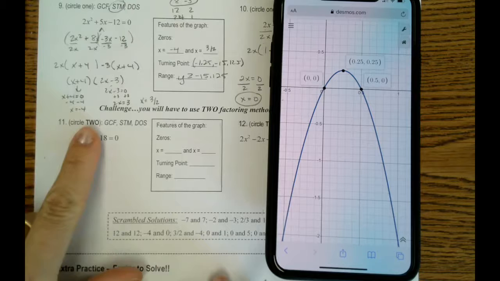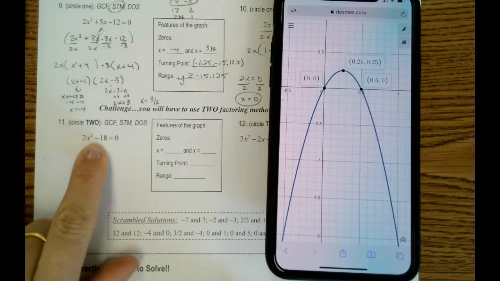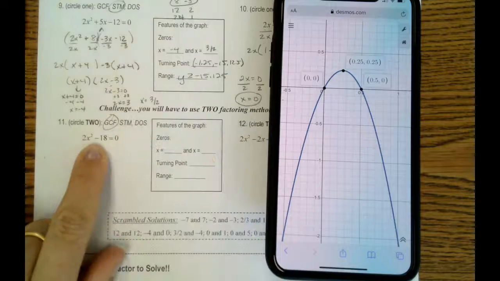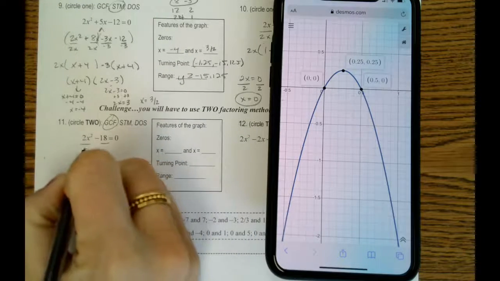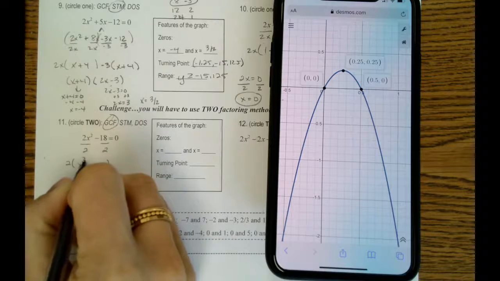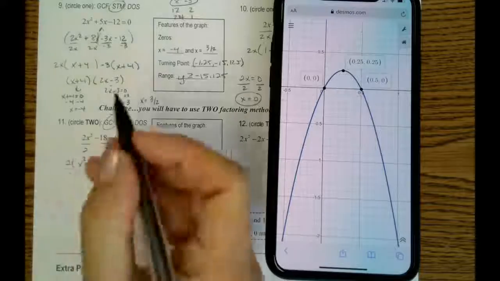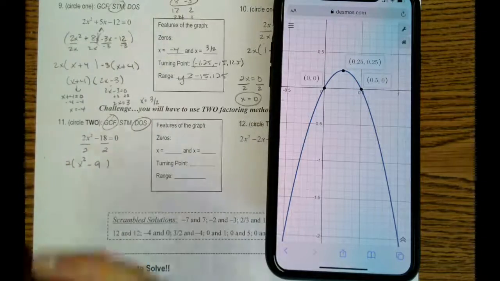Okay, number 11. Here it says circle 2. So there's two different methods we're going to use here. If we look down here, we know that we can do a GCF. So we're going to go ahead and GCF and do 2. So we're left with x squared minus 9. And that x squared minus 9 on the inside is actually a difference of squares problem.